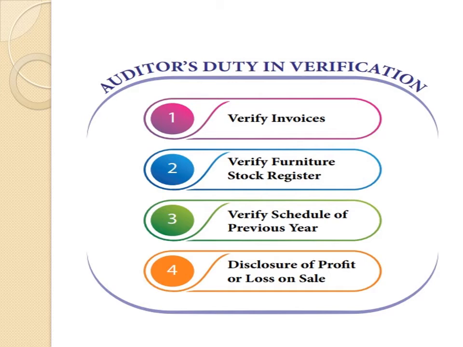Common points means these points we can apply for furniture or we can apply for plant and machinery. So think on it. What are the common points? Then auditor's duty in verification. This is the flow chart given by some experts and exported here.